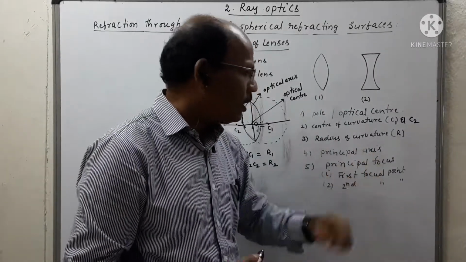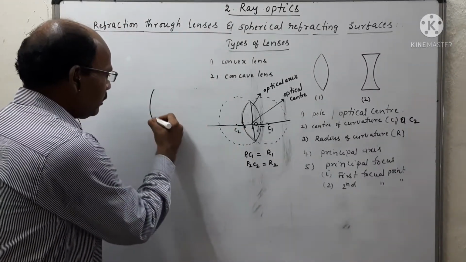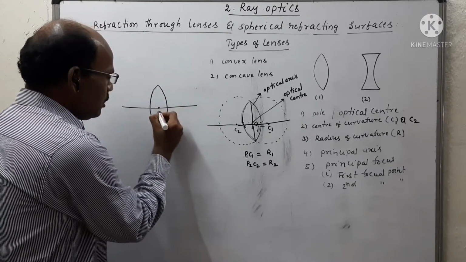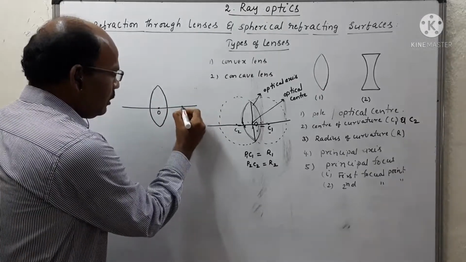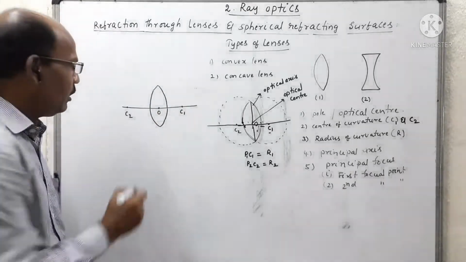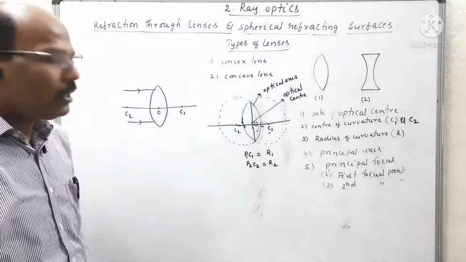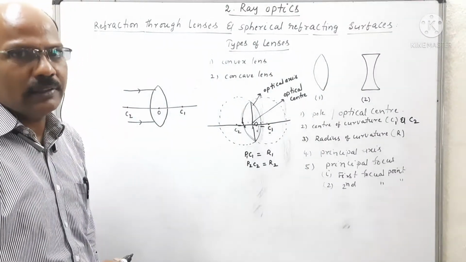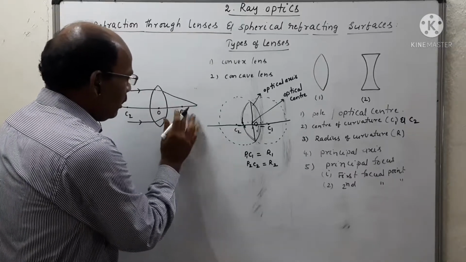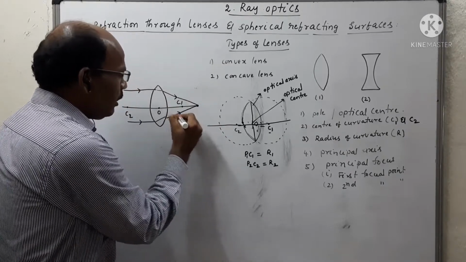And coming to what is principal focus? Principal focus means, suppose you are observing this convex lens, this is the principal axis, this is the center of curvature of the first surface, and the center of curvature of the second surface. Suppose a parallel beam of light is incident on the refracting surface of the convex lens, and after refraction the two light rays converge at one point on the principal axis.